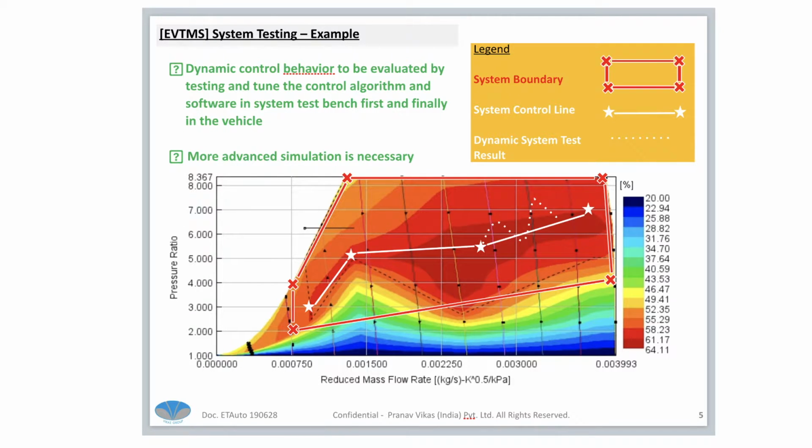This is one example showing compressor energy efficiency color mapping. Red is a good area, blue is a bad area, with a gradation in between. Because the compressor is the major power consumer in the system, based on efficiency optimization, we need to design the system operation.